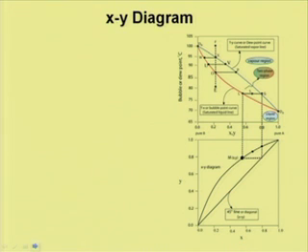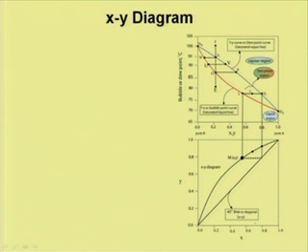So, the equilibrium diagram for x y mole fractions is also plotted below the bubble point and dew point curves. This line represents the equilibrium curve of the x y diagram, and below this is the 45-degree line or diagonal line where x is equal to y.